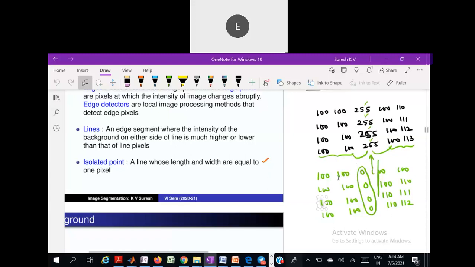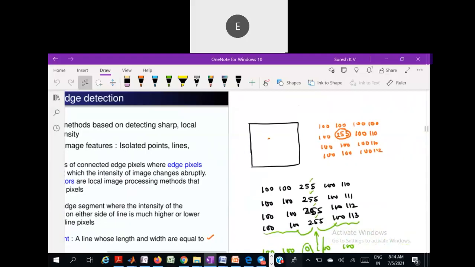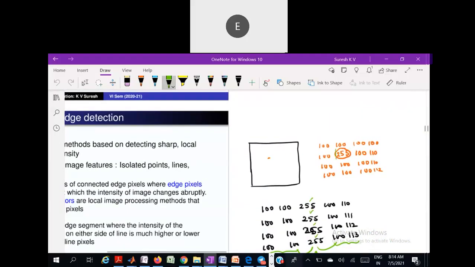I hope you understood. Now, such a line whose length and width are equal to 1 pixel is a point. For example, in this case, the length and width of this is only 1 pixel. All other values are different, as you can see. Only this particular pixel has got the highest value and all other pixels are different. Of course, this could be even 0 also.